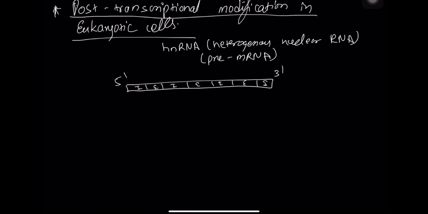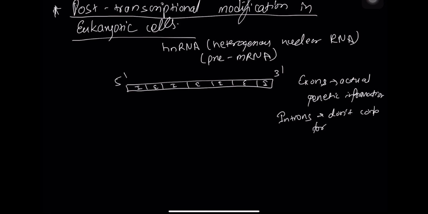These exons contain the actual genetic information, coding for protein and functional RNA, but these introns do not code for protein, though they are important for regulation of gene expression. So these introns will stay inside the nucleus, and these exons will exit the nucleus and be expressed.